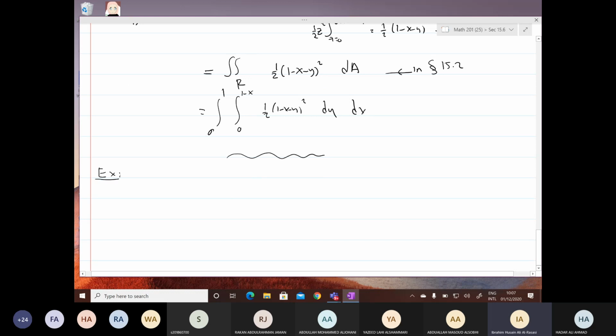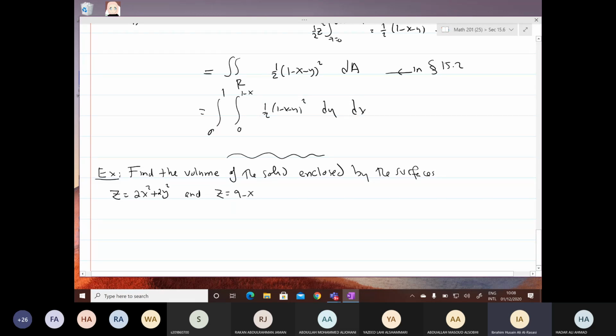Okay, so find the volume of the solid enclosed by the surfaces z equals 2x squared plus 2y squared, and z equals 9 minus x squared minus y squared.